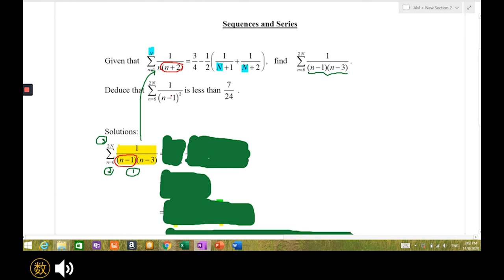The easy way to check is to look at which term is larger. N plus 2 is the larger one in the original, while n minus 1 is the larger one if you compare with n minus 3. So the ones that I just circled in red correspond to each other. In short, in order to make sure that they are aligned, you need to replace your n by n plus 3.